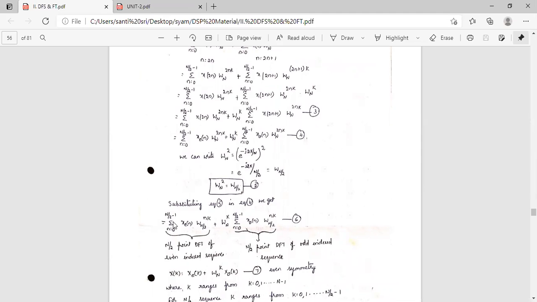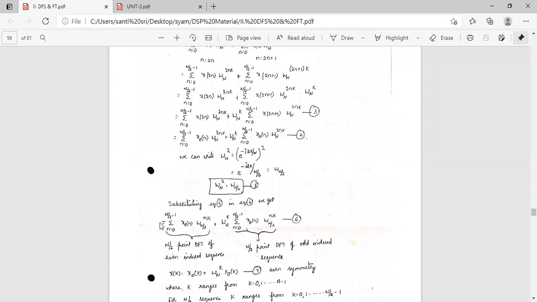So the above equation, equation number 4, can be written as summation n equal to 0 to N/2 minus 1 of x_e(n) into W_(N/2) whole power nk, plus W_N^k into summation n equal to 0 to N/2 minus 1 of x_o(n) into W_(N/2)^(nk), right?